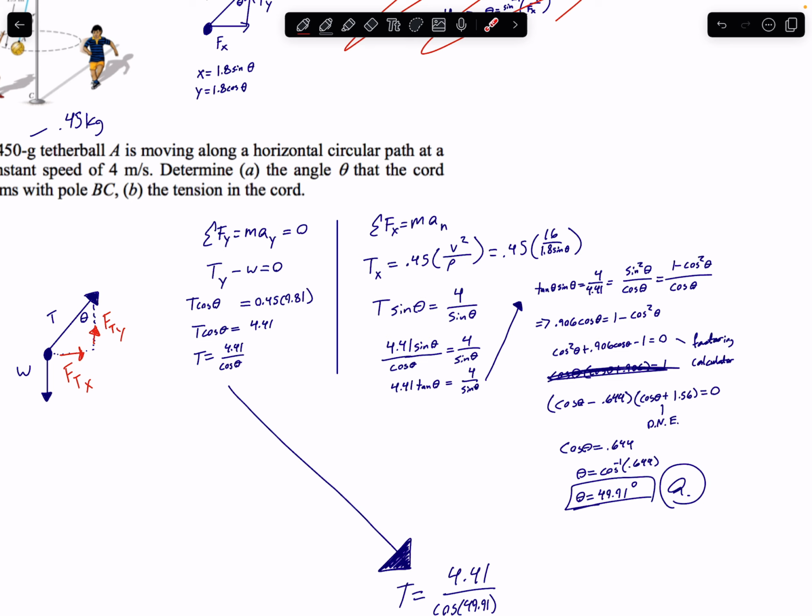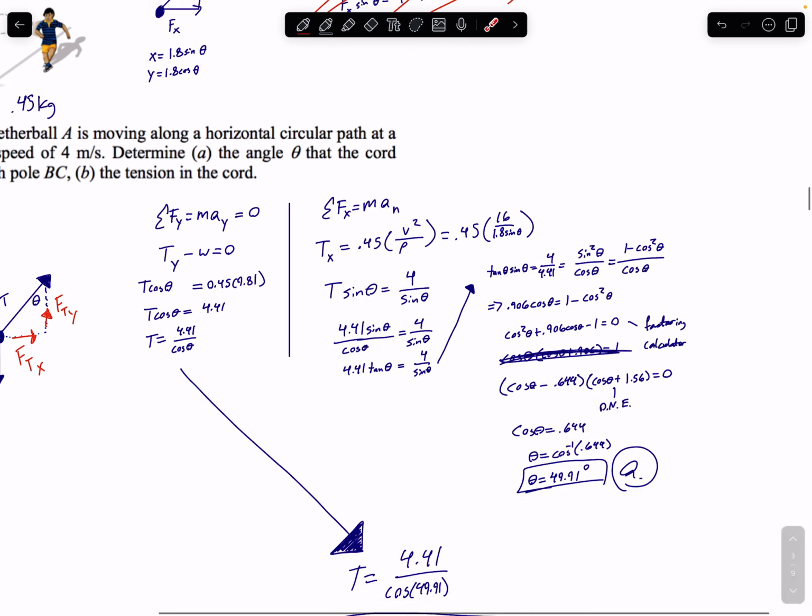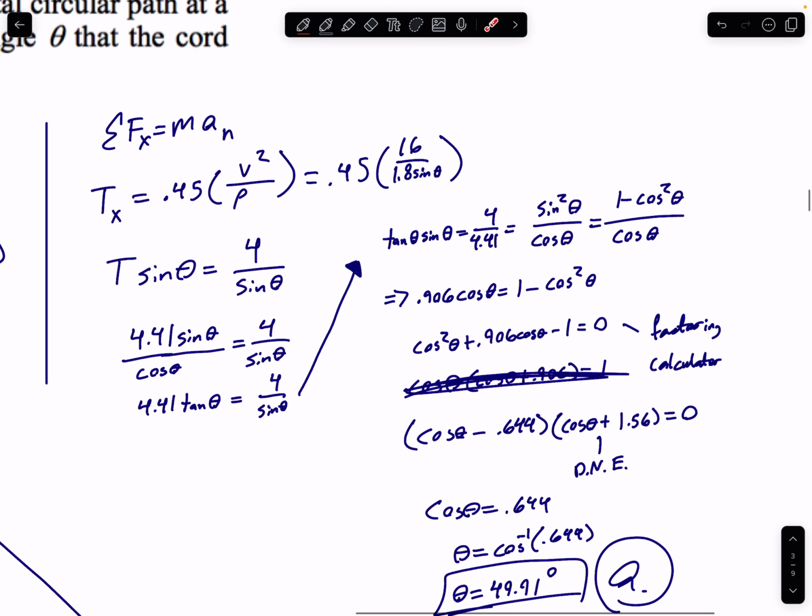Oh, yeah, sorry. T sine theta, and we know that T is equal to 4.41 over cosine theta. So moving down the line here, just substituting things in, we end up with 4.41 tangent theta equals 4 over sine theta, and we know that tangent theta is equal to sine over cosine.